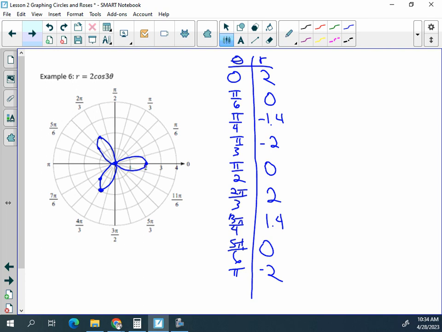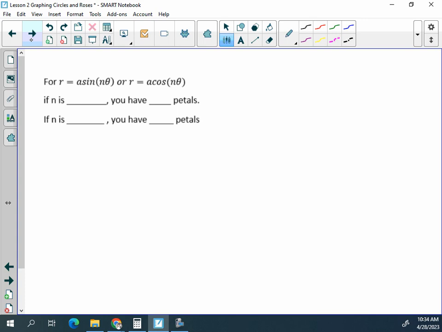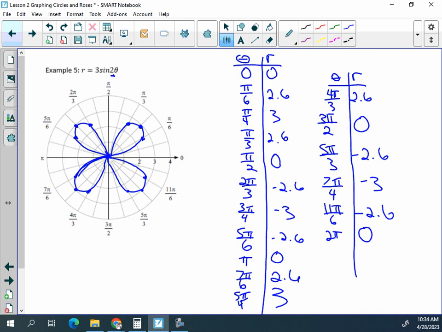All right, so let's generalize this. For r equals a sine of n theta or r equals a cosine of n theta, here's what we've got. If n is even, you're going to have 2 times n petals. So say your n was 2. 2 times 2 is 4.